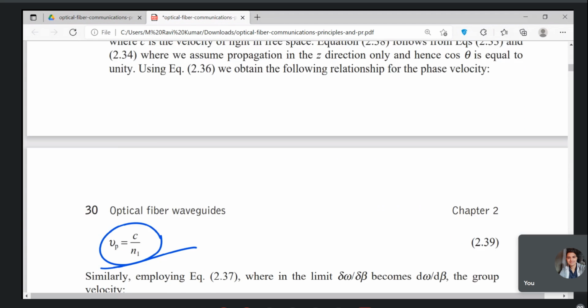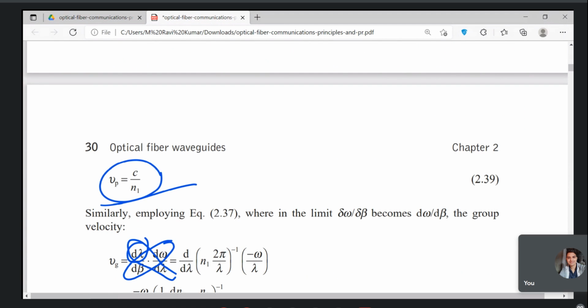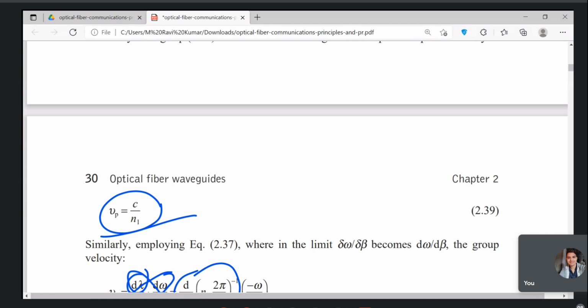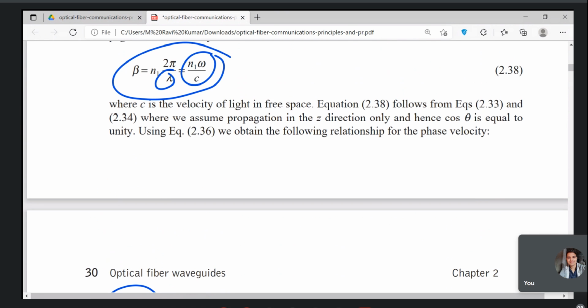Okay. Fine. That's what is this, d lambda by d beta. Okay. The first expression here, this corresponds to d omega by d lambda, d by d lambda of omega.